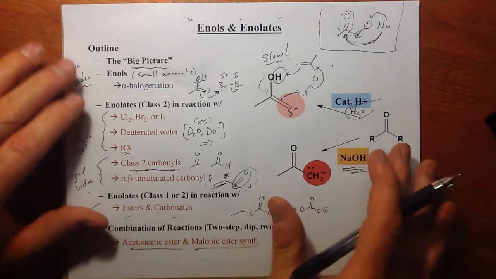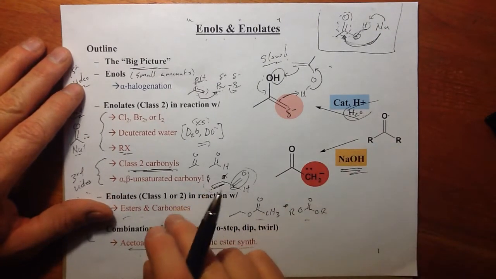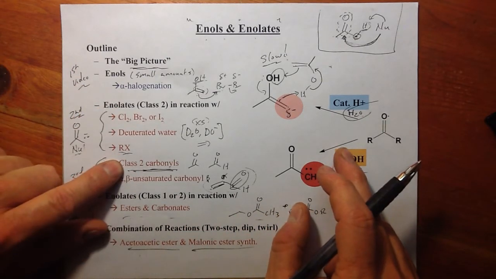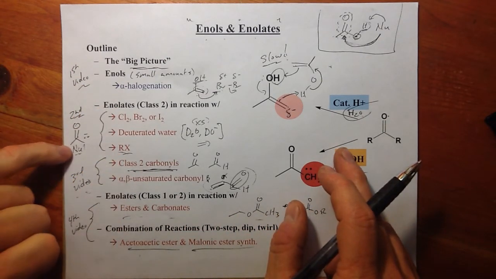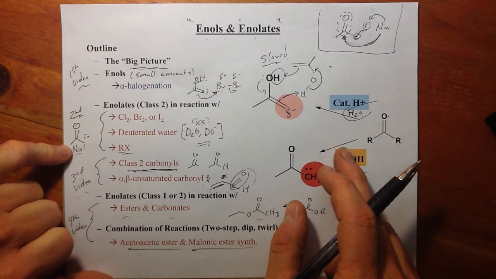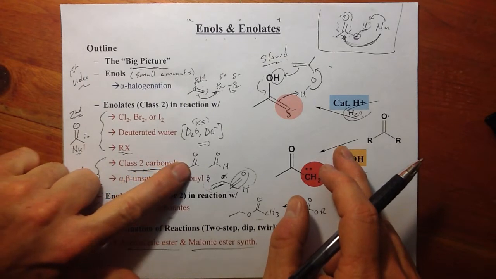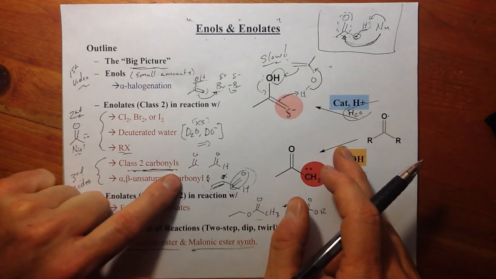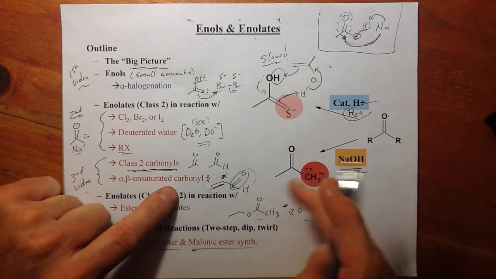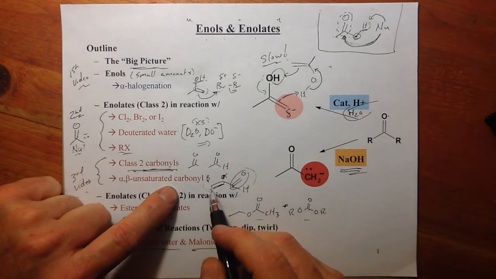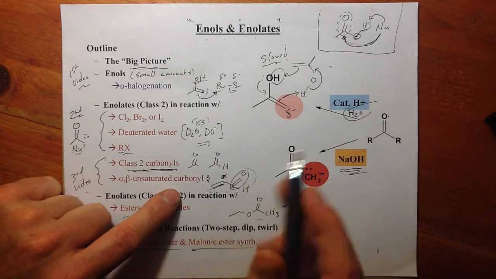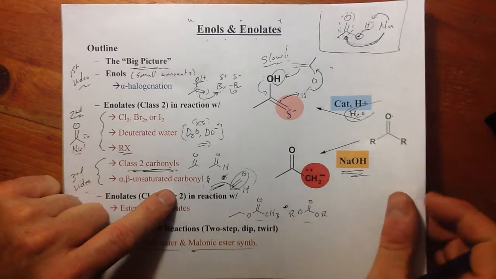We'll talk about that as our second reaction. So we just have 2 reactions that we're going to talk about. The nucleophile that's new, this enolate ion, attacking class 2 carbonyls, acyl addition, and attack of the beta positions in an alpha-beta unsaturated ketone or aldehyde.